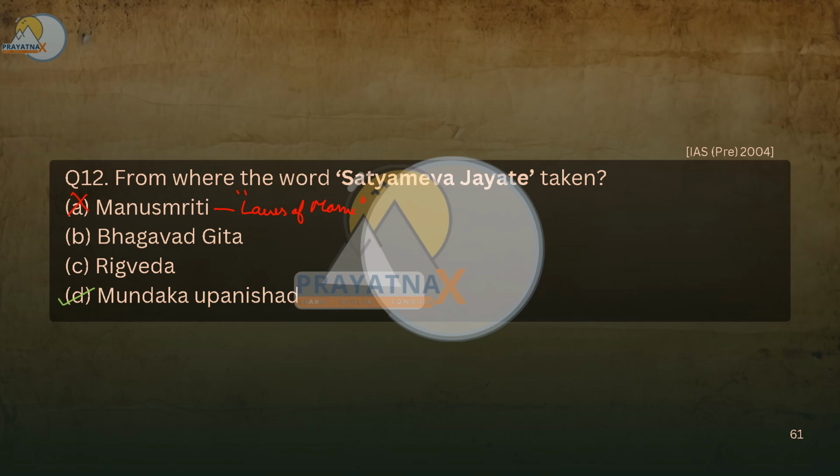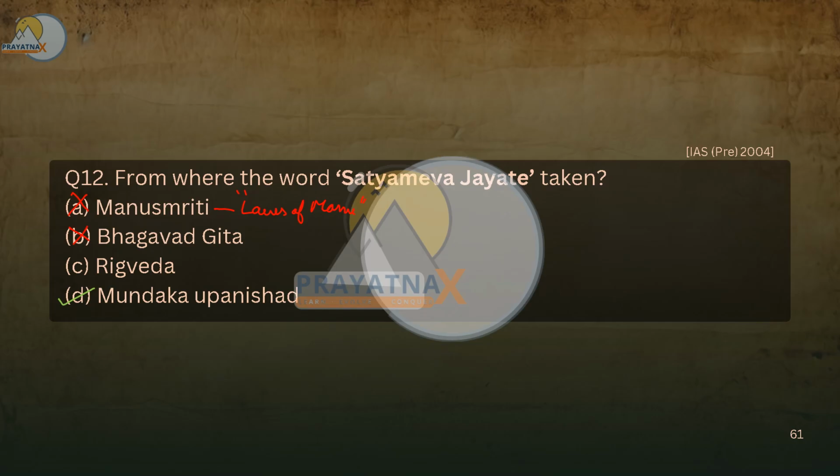And the second option, Bhagavad Gita, does not contain Satyamev Jayate, as the Gita is attributed to sage Vedavyasa and is embedded within Bhishma Parva, and it contains the iconic dialogue between Krishna and Arjuna on the eve of the war.